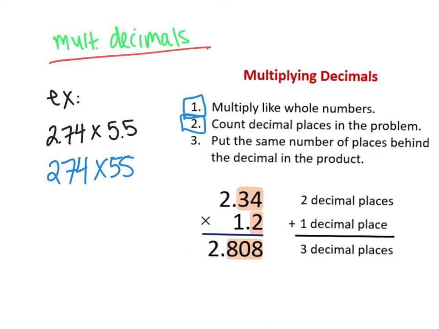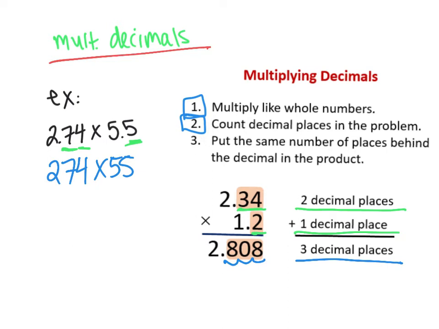Here I would have 2 and here I have 1. Same with my example down here. I have 2 decimal places here and 1 decimal place here. Then I'm going to put that same number of places at the very end. So I have a total of 3, so I need to put in 1, 2, 3 at the end. And we'll do that on my example.